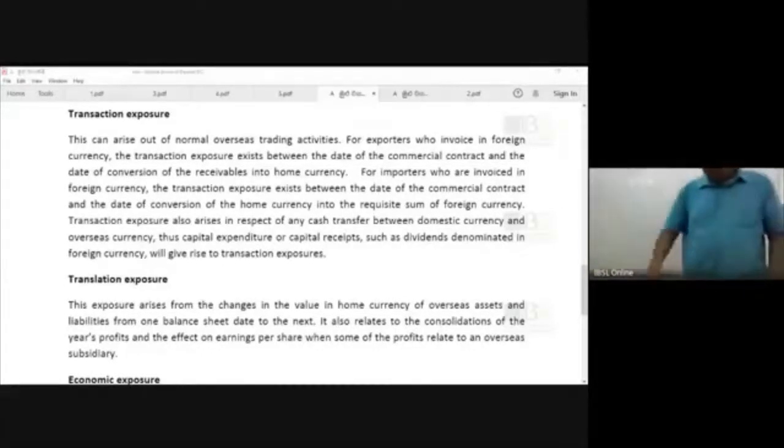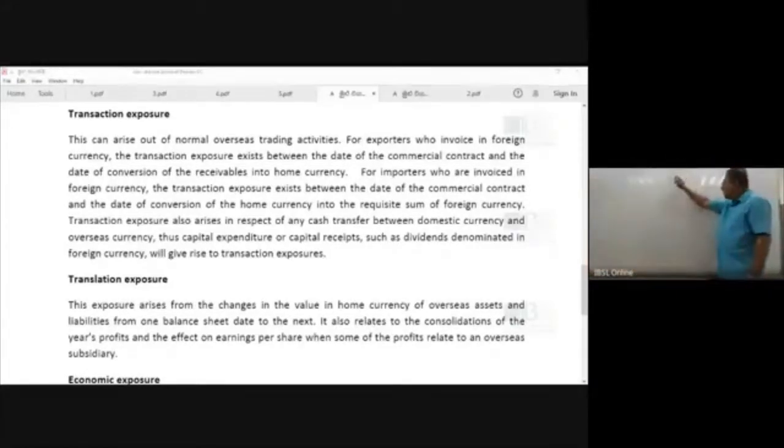In forex transactions, there are mainly 3 exposures, which could be classified into transaction, translation, and economic. You have a handout, right? I hope that you have gone through that. But I will just simplify. But I'm rushing. Transaction exposure.